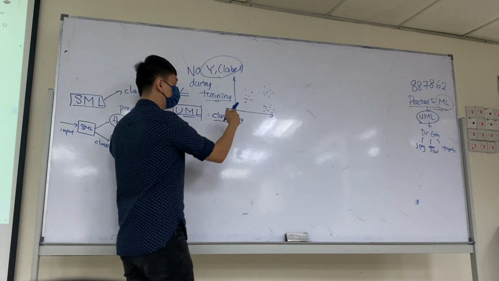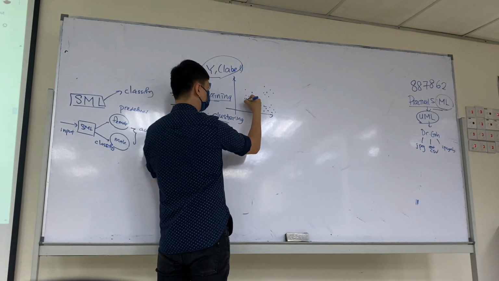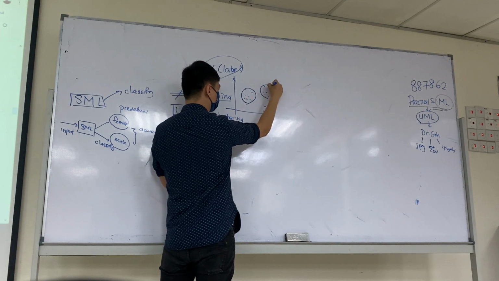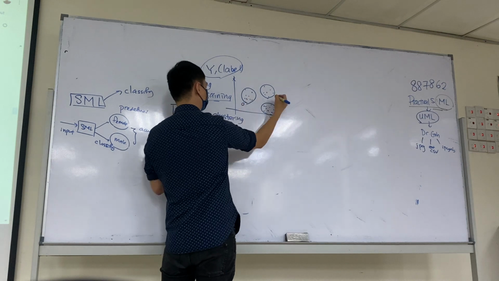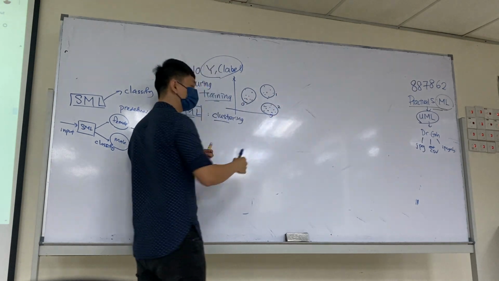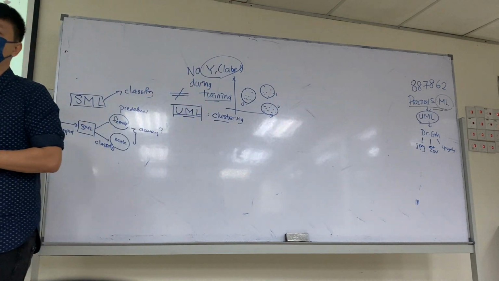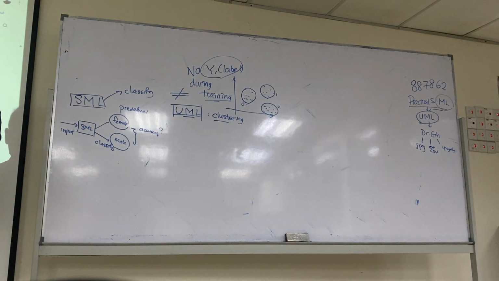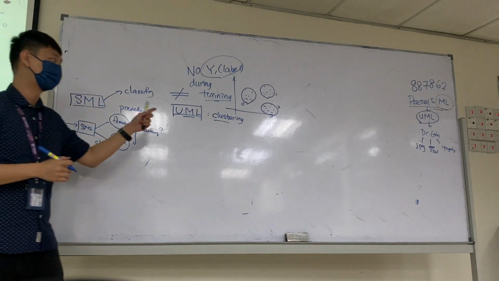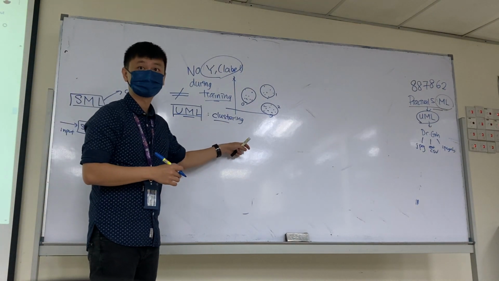And then find which data are quite similar to each other, then we put them into one cluster. Eventually we will call them cluster 0, cluster 1, or cluster 2. That's it. In this case, no Y is required. Although we have Y in our data set, we never use that Y during our training.